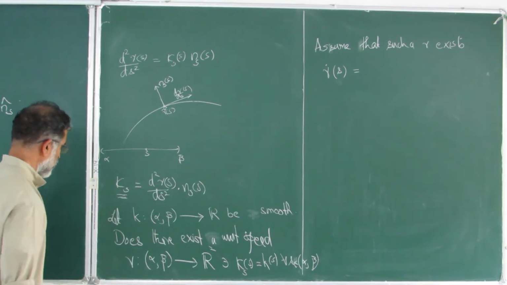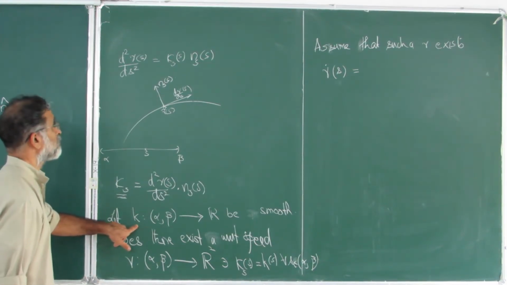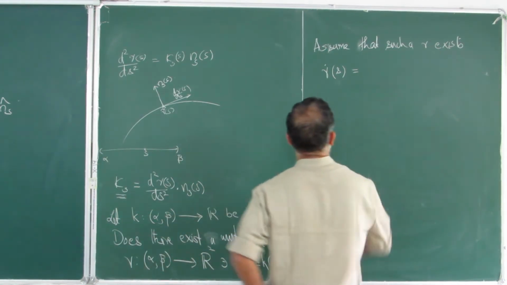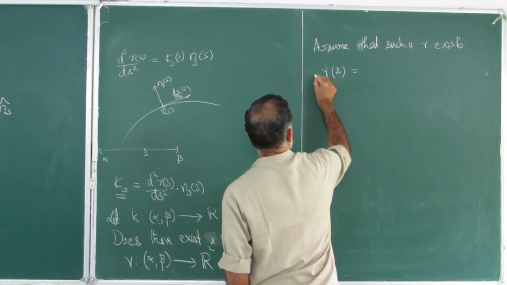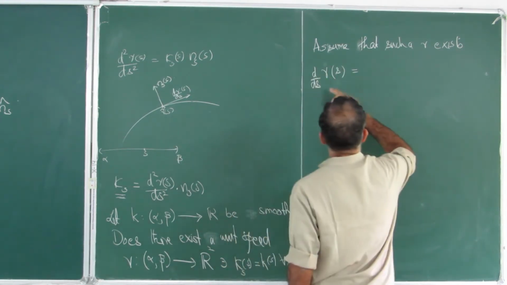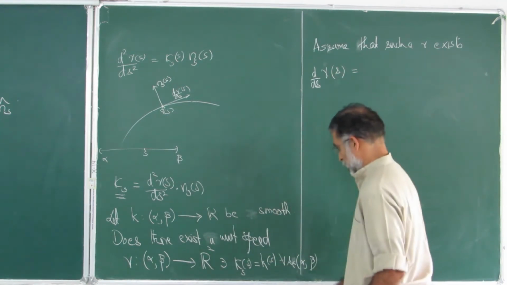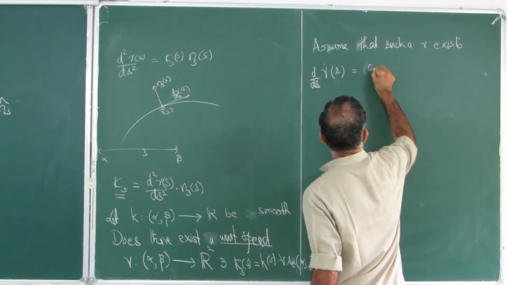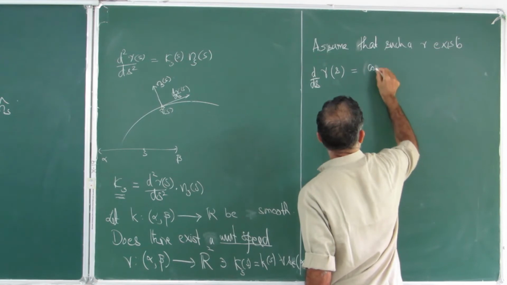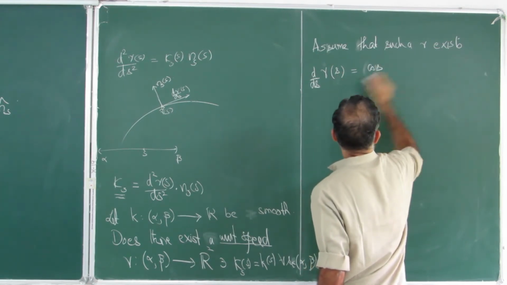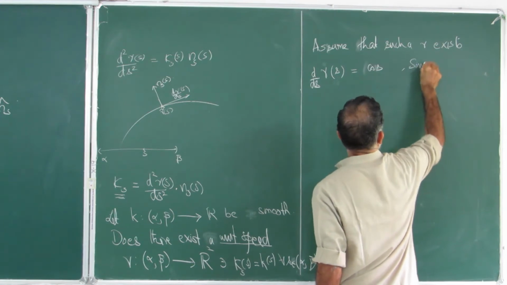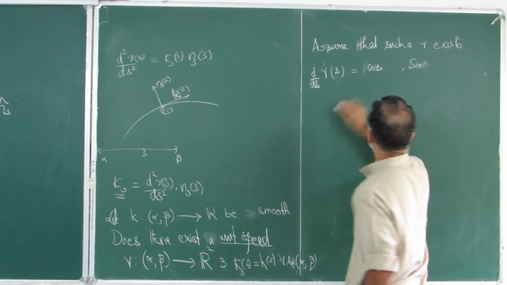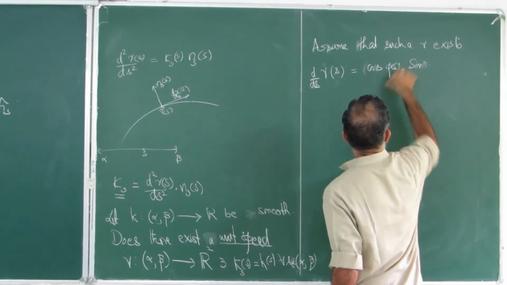So what is given here? K is the curvature. Then I can write gamma dot as d by ds of gamma(s), and this is a unit vector because this one is unit speed. So we could probably write it as cosine of something and sine of something. Of course, it may not be s because it's just a function. So it will be cosine phi(s), sine phi(s).